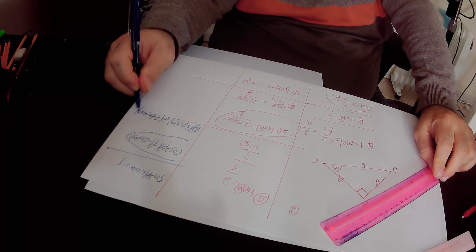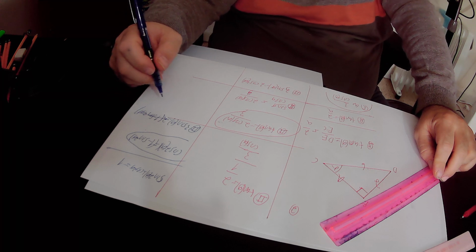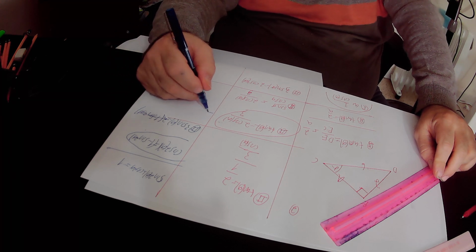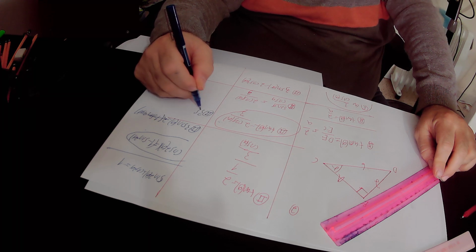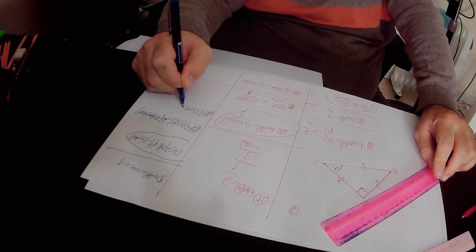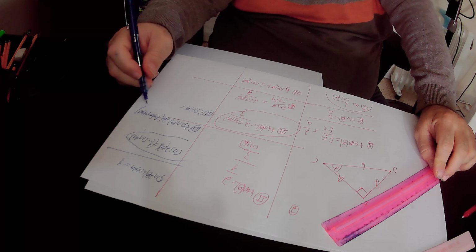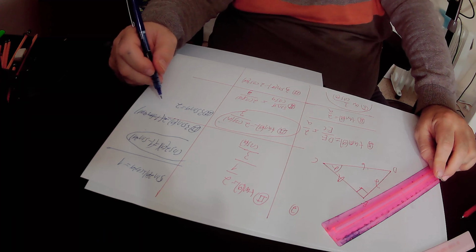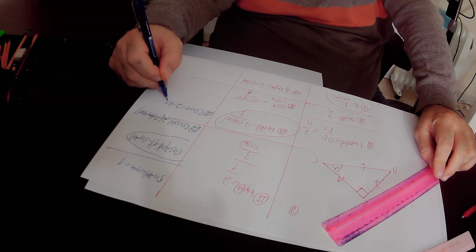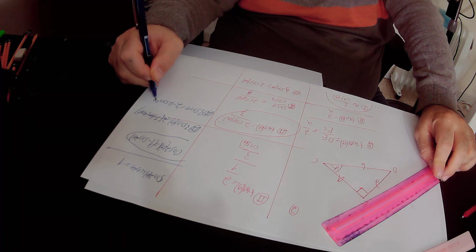So we got that 3 times sine alpha equals, we'll open the brackets here, 2 times 1 is 2, and 2 times minus sine square alpha equals minus 2 times sine square alpha.